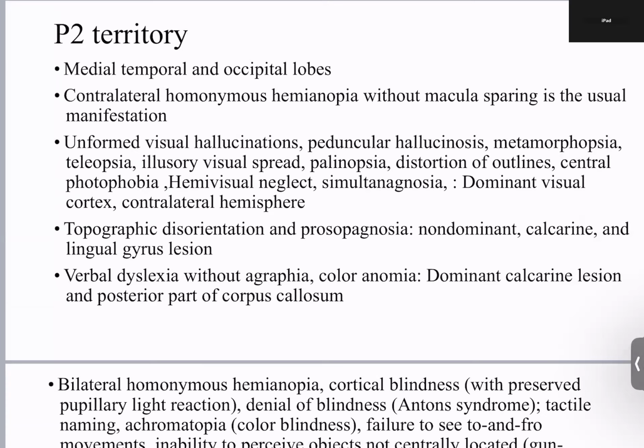If the dominant visual cortex is involved, there will be unformed visual hallucinations, peduncular hallucinosis, metamorphopsia, teleopsia, illusory visual spread, palinopsia, distortion of outlines, central photophobia, hemivisual neglect, and simultagnosia. If the non-dominant calcarine and lingual gyrus is involved, there can be topographic disorientation and prosopagnosia.